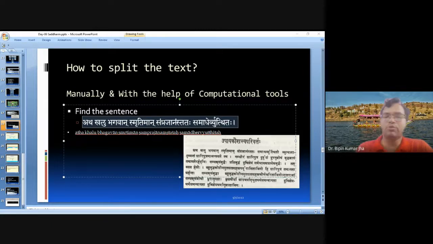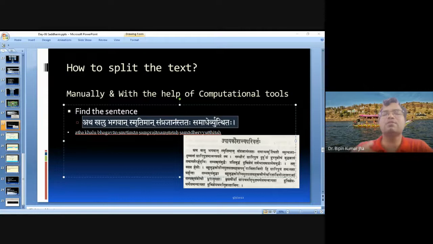So now I am just giving the solution in which way you can use it in manual form, in which way you can use computational tools. So I will show some computational tools which will split the text. By splitting the text, it will make it easy for you to find meanings, and in the next step you can find another tool which will give the meanings.